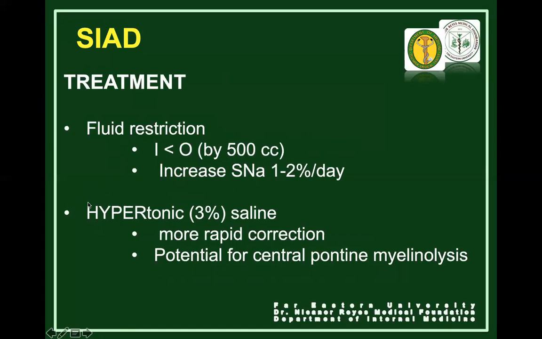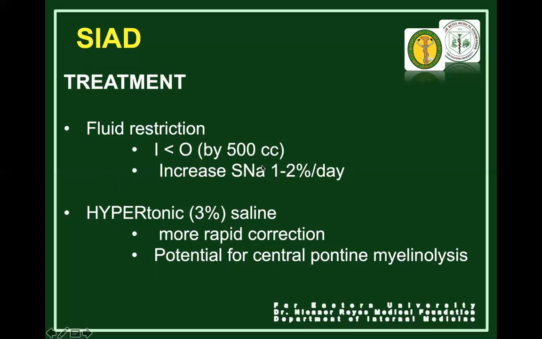And by fluid restriction, it means that the input should be lower by at least 500 cc compared to the output. And this will increase your serum sodium by 1 to 2% a day. So just fluid restrict. Okay.